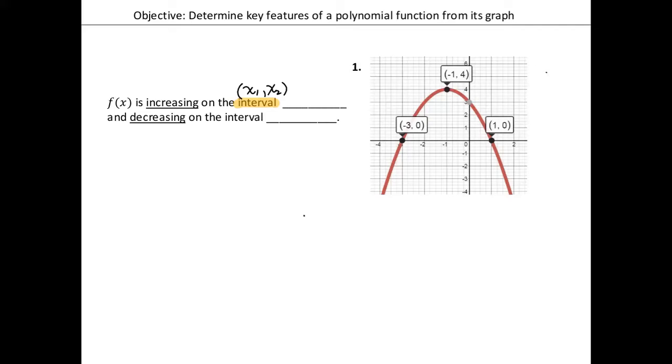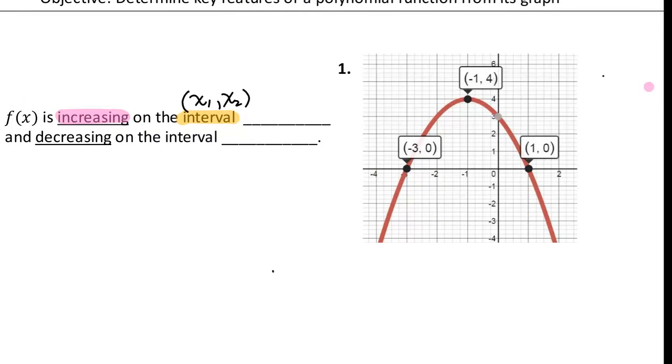So for my increasing, I'm going to use my pink highlighter. Remember, you're looking at going up from left to right. So where am I going up on the graph? Well, I'm going up on this portion of my graph. It's increasing from here to here, okay?